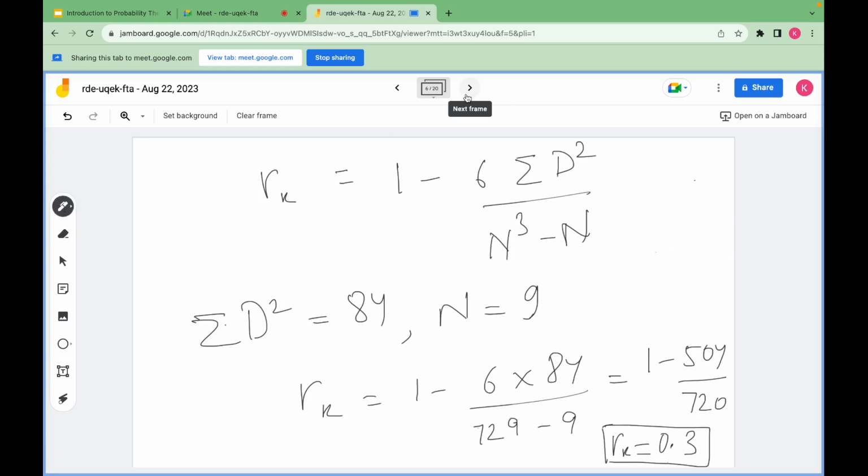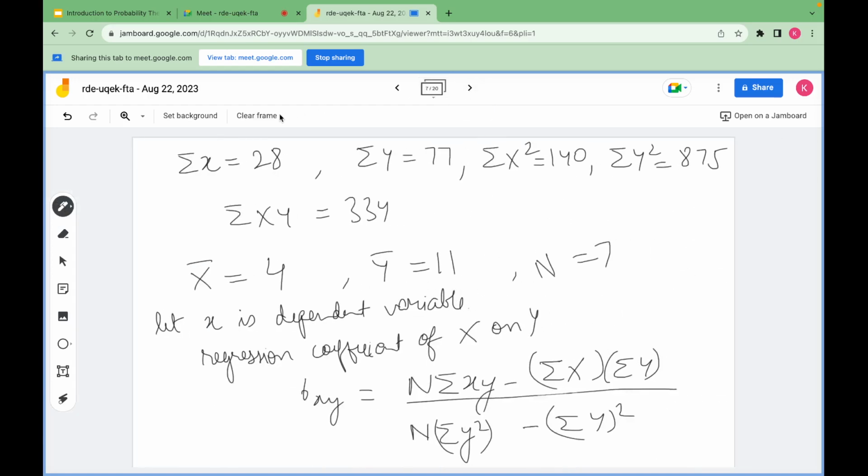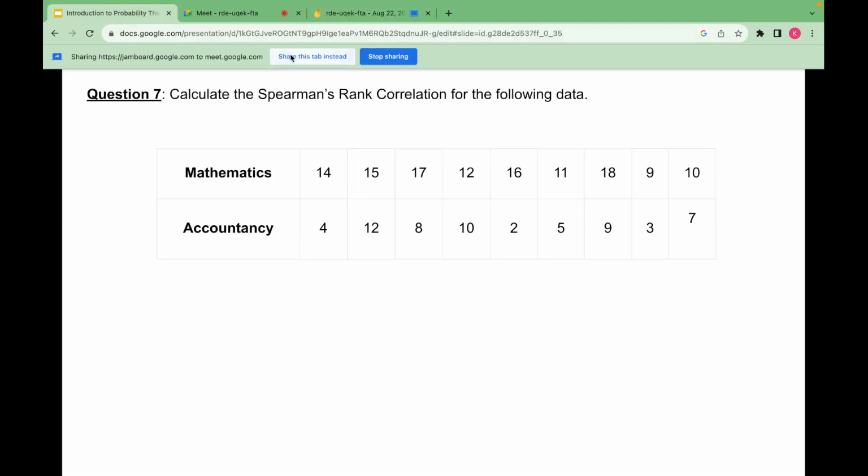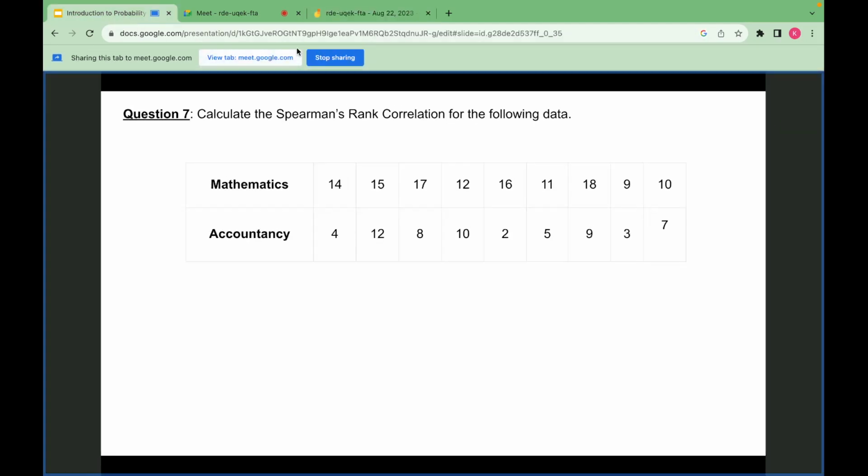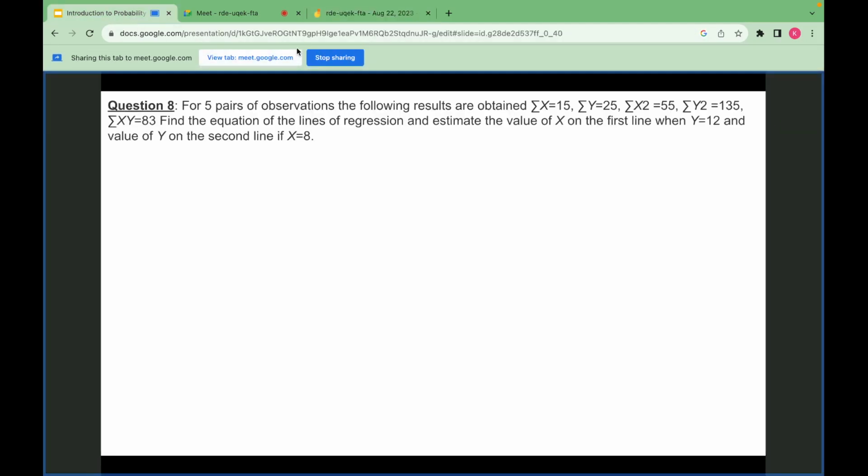So this is how you can use the Spearman's correlation coefficient. Moving on to the next question. We are given five pairs of observations, and the following results are obtained. Sigma x is 15, sigma y is 25.